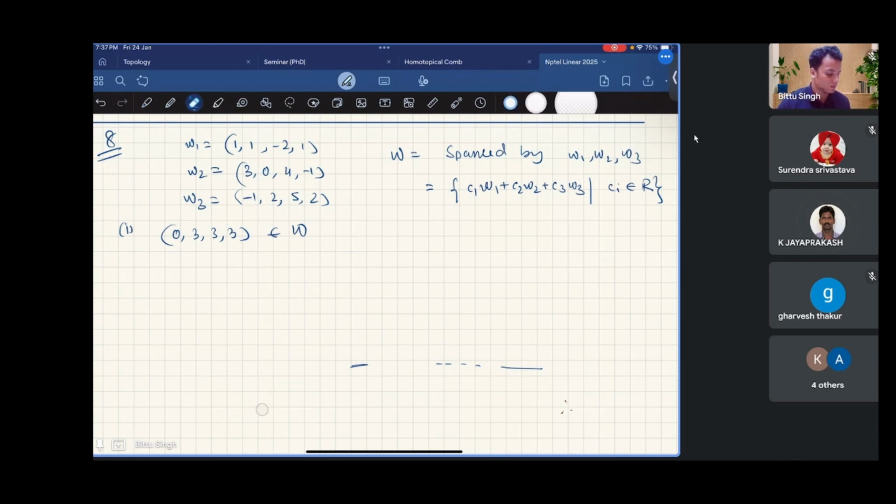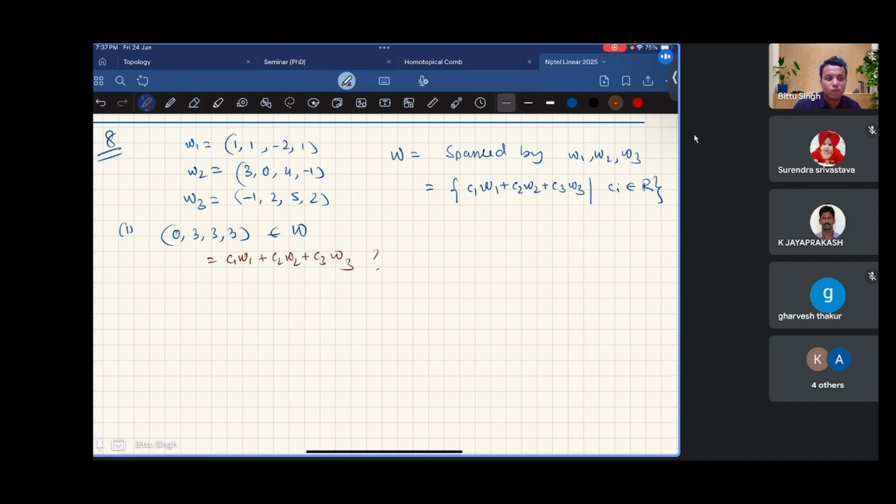How do we check? There are several possible ways. The easiest way is to do matrix operations and check. The question is whether this can be written as C1 times W1 plus C2 times W2 plus C3 times W3 for some C1, C2, C3.